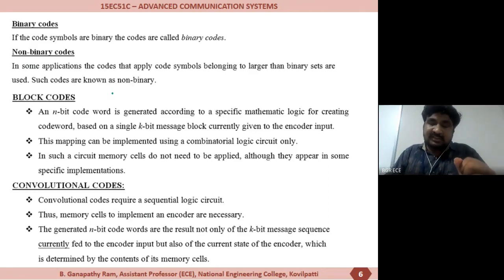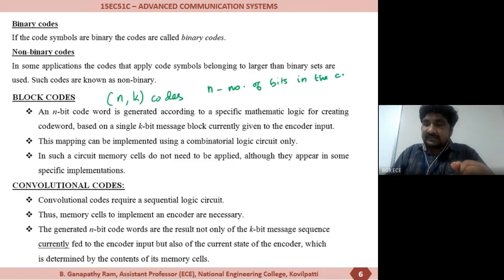Generally, the block codes are called (n, k) codes, where n is the number of bits in the code word, whereas k is the number of bits in the message word.